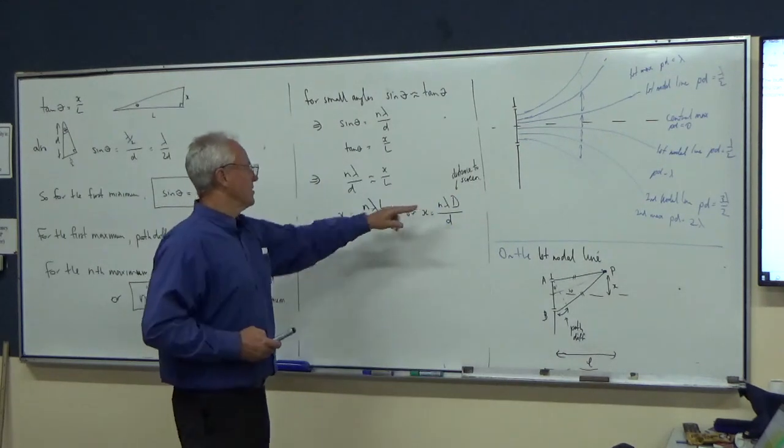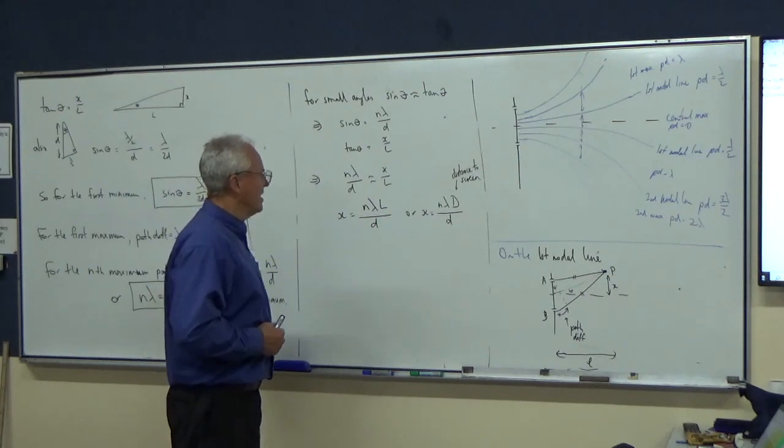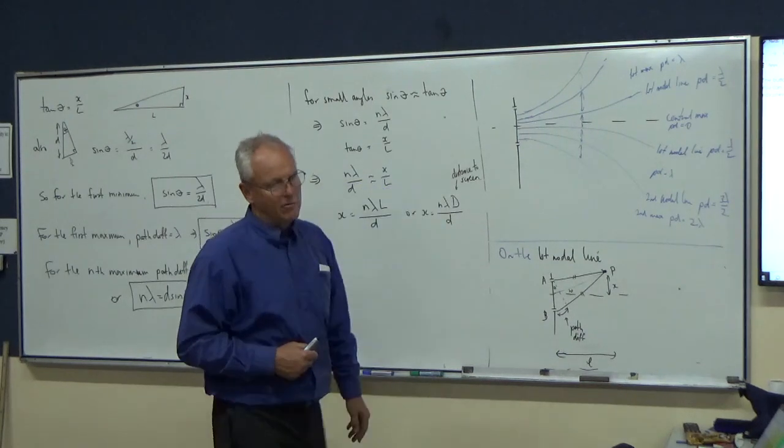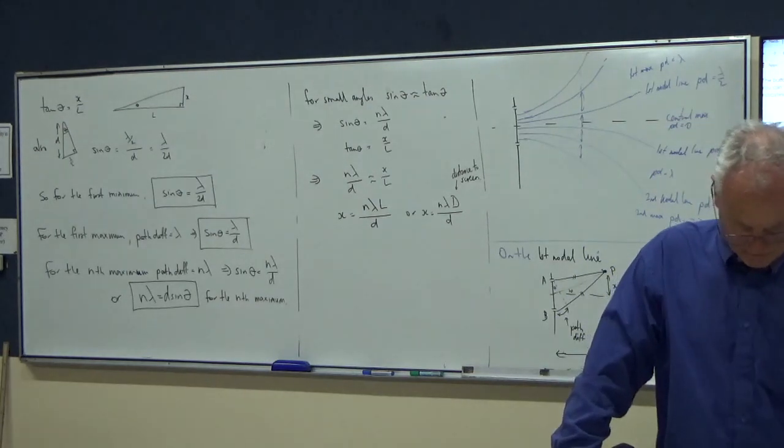Sometimes I use a capital D instead of a capital L, but it's really the same thing. I think in the data booklet it's just that x equals lambda d on d, and that would be for the first, the distance to the first maximum.